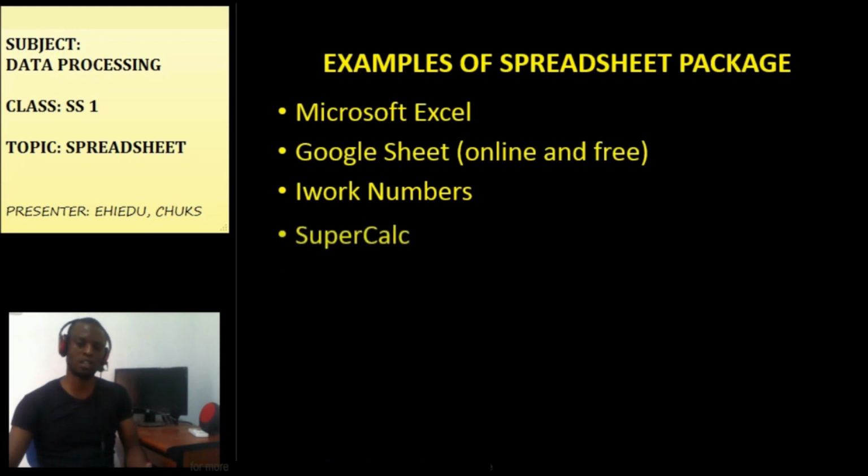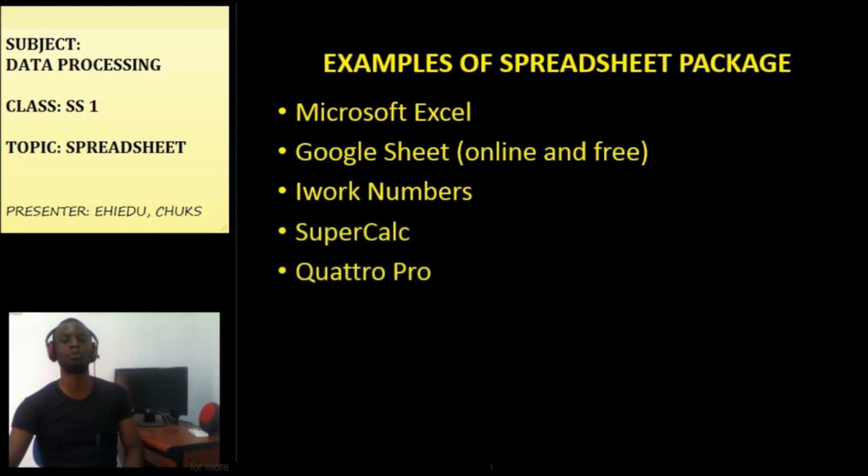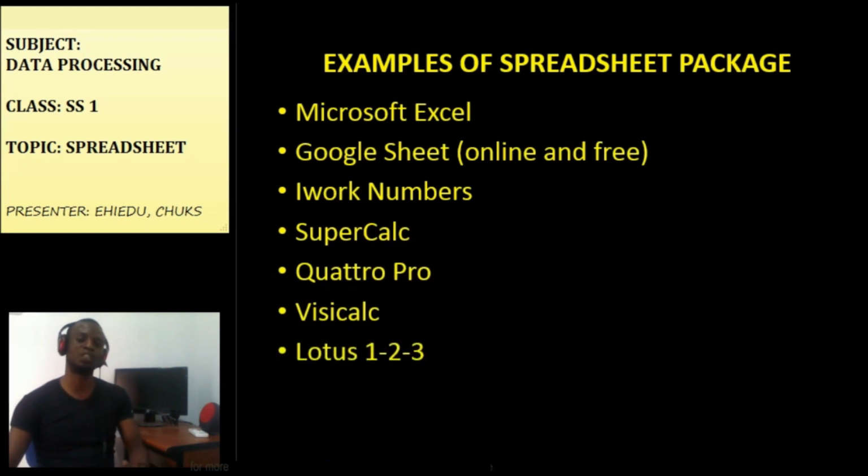You have SuperCalc, you have Quattro Pro, you have VisiCalc. VisiCalc is actually the oldest. It's short for visible calculator. It's actually the oldest spreadsheet, and it was replaced by Lotus 1-2-3.